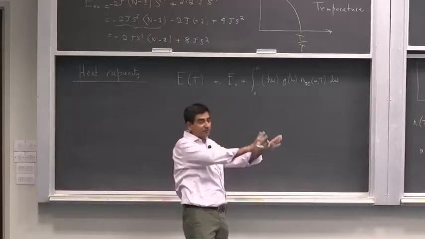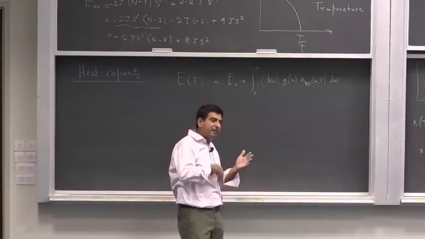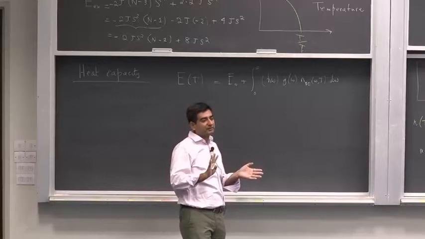There is going to be some energy associated with the electrons, with the phonons, no doubt about it. But there is going to be a heat capacity associated with the magnons, and that will have a certain temperature dependence.